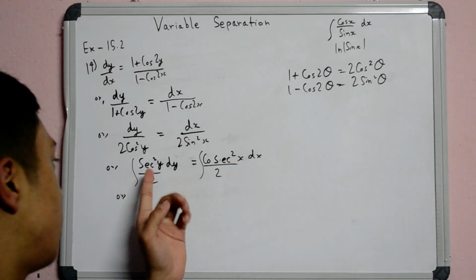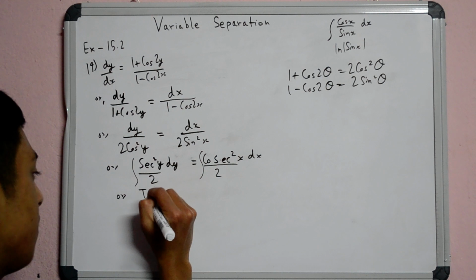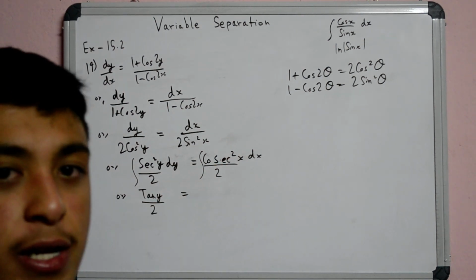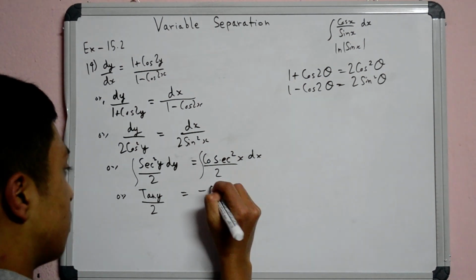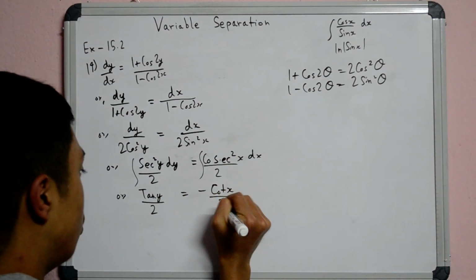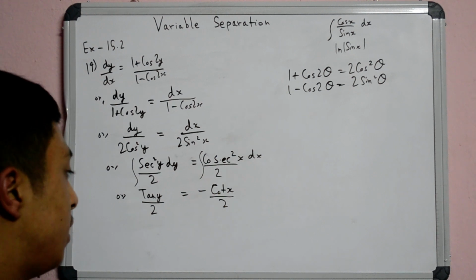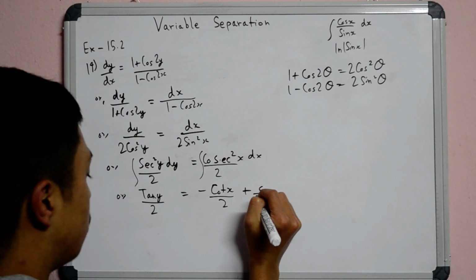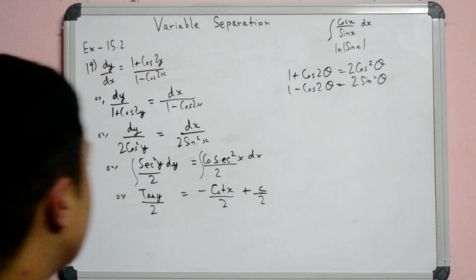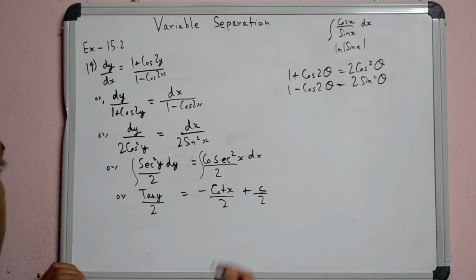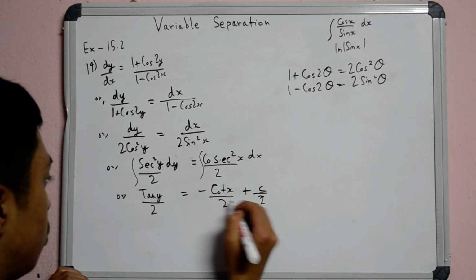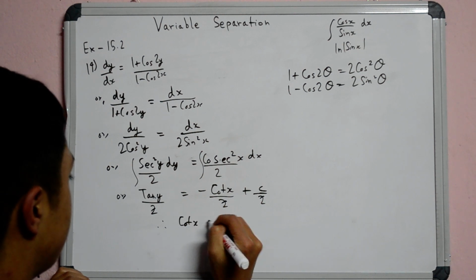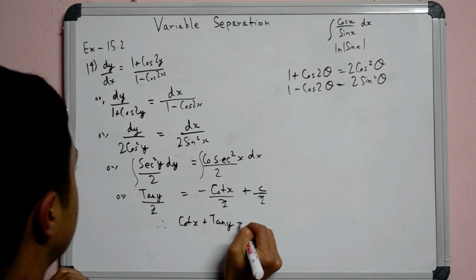And the integration of sec square y is just tan y by 2, and for cosec square x, it is minus cot x by 2, and simply we can choose our constant as c by 2, and here 2 cancels, and therefore cot x plus tan y is equal to c.